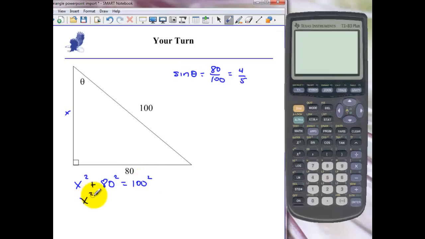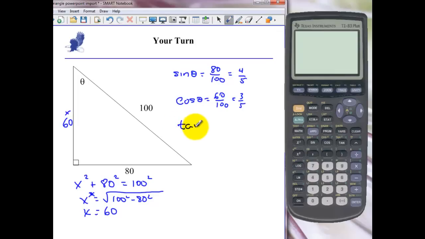So x squared would be 100 squared minus 80 squared, then when we take the square root we just get x, which is 60. So if we put the 60 here, cosine of theta is 60 over 100, which reduces to 3/5.